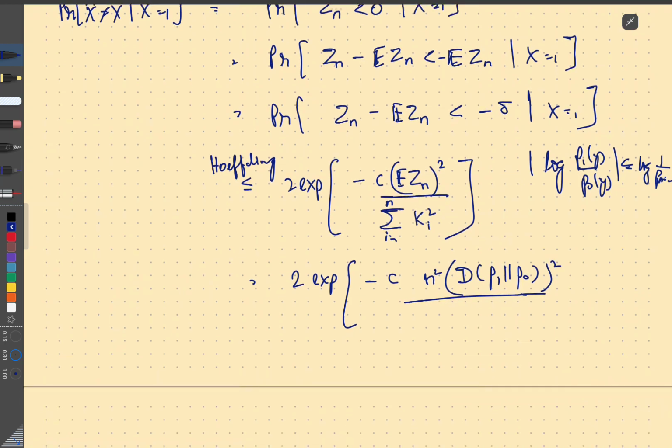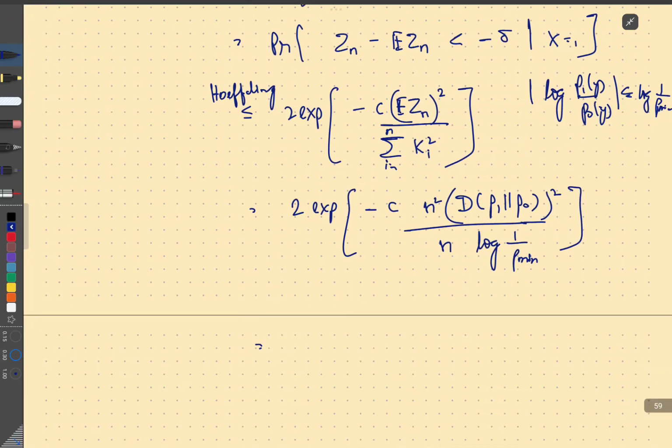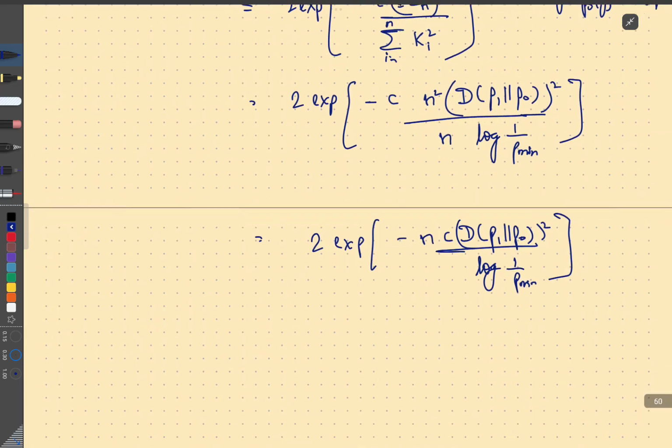So the sum is less than or equal to n times log 1 by P min. So this is equal to 2 times e raised to minus n times the KL divergence squared divided by log squared of 1 by P min. So as long as P0 and P1 are sufficiently spaced apart, the probability of error decays exponentially in n.